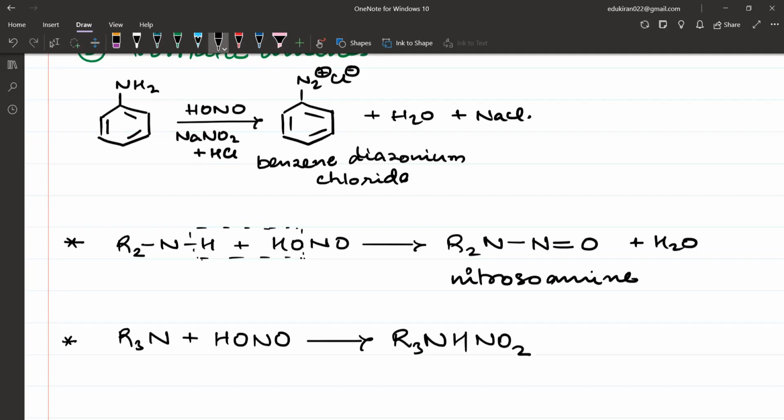So this nitrogen is going to have a positive charge and this NO2 a negative charge. In total, this is completely neutral and it is a salt. And when you warm it, you are going to get nitrosamine and an alcohol, that is R2N double bond O plus ROH.